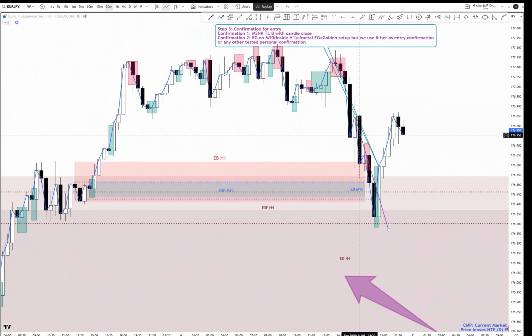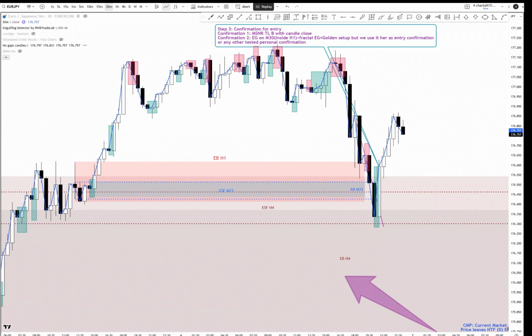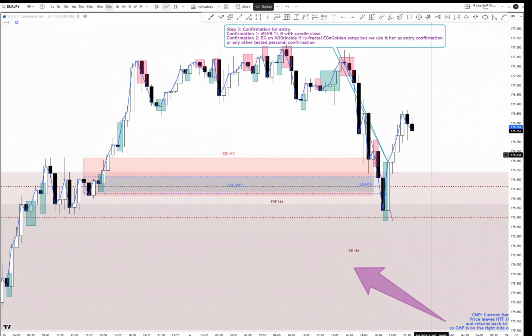One of the ways is that we use, let me turn this to a line chart. Now, as you see, this is the line chart here. After we have this trend line, and this trend line is broken, and the close of the candle is taking the green line, breakout happened by close of the candle. So then we have one kind of confirmation.